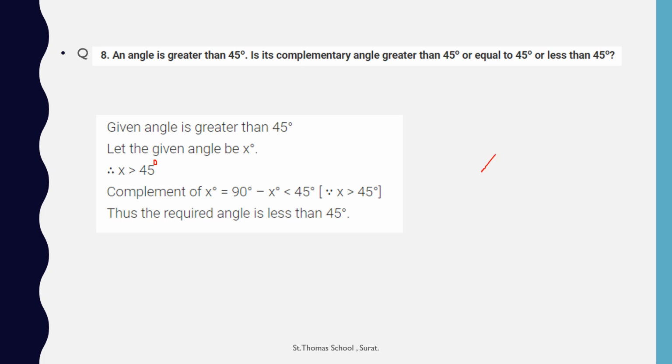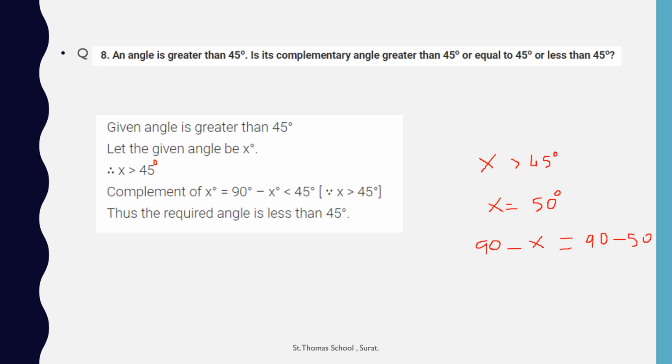Suppose we are saying that angle x is greater than 45 degrees. That means you can take any angle greater than 45 degrees. So let's assume that x is equal to 50 degrees. So what will be the complement angle? 90 minus x. So that means 90 minus 50, because here we have assumed x is equal to 50 degrees.